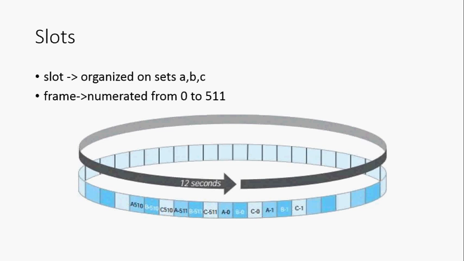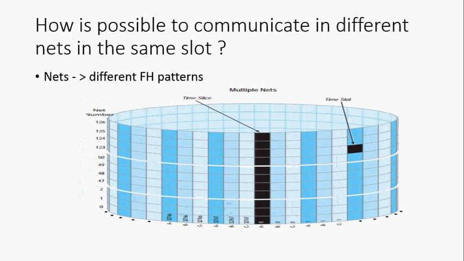Now you may ask, how is it possible to communicate in different nets within the time slot, because it seems very difficult? Let's see how the system uses frequency hopping to be able to communicate in different nets within the time slot. It's possible due to a unique frequency hopping pattern for each transmission.